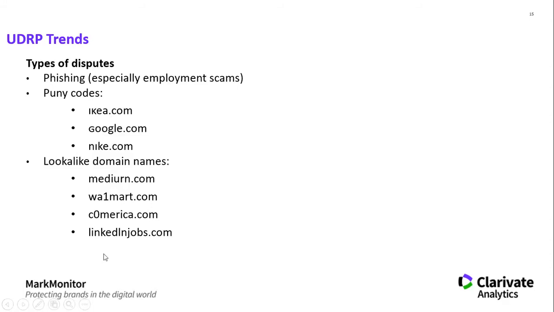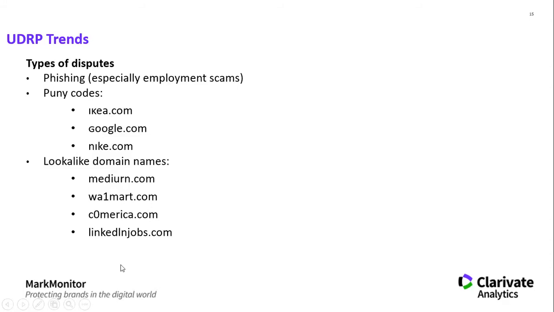So in the case of the one that looks like IKEA, the cybersquatter, and these are all based on real UDRP decisions, actually used that domain name as part of a phishing scheme. And in the case of the one that looks like Google, the cybersquatter used it in connection with a website that attempted to download malware onto users' computers.